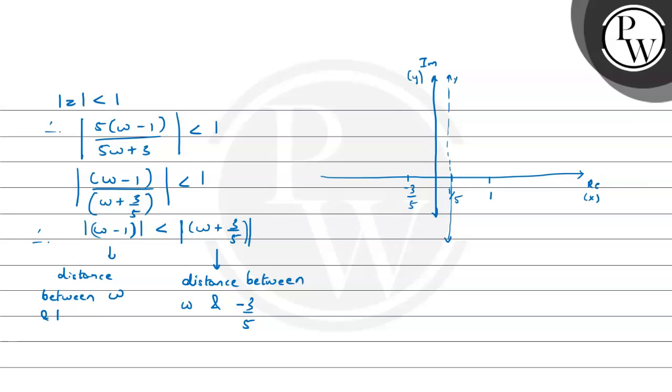So if we draw this line, we write the equation of this line as x equals 1 divided by 5. For any complex number lying on this line, say a, it will be equidistant from the complex numbers minus 3 by 5 and 1. If I have a complex number to the right of this line, say b, the distance between 1 and b will be less than the distance between b and minus 3 by 5, and with the graph you can clearly see that.